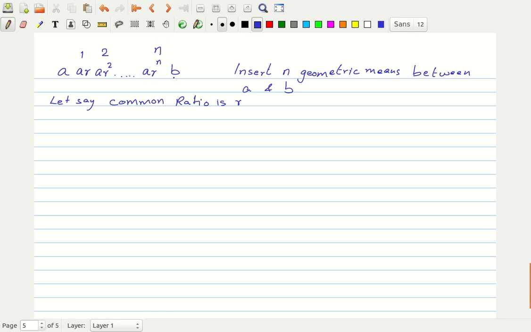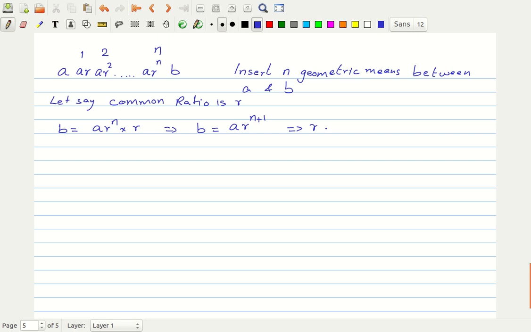So what will be the value of B? The value of B would be equal to AR^n times R, or B is equal to AR^(n+1). So suppose we have to insert n geometric means between A and B. What is the value of R going to be?